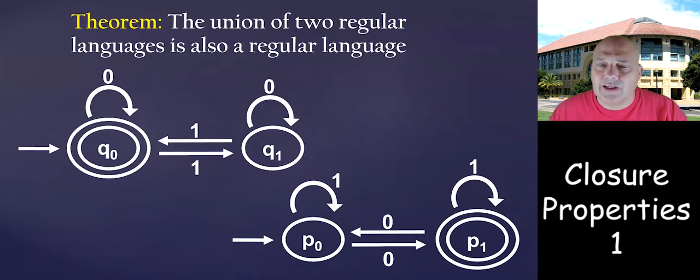So let's see this transformation on this very, very simple example. So we have M1 above and M2 below, and now we want to create M. So M will have states that are pairs of states. So Q0, Q1, and P0 and P1.